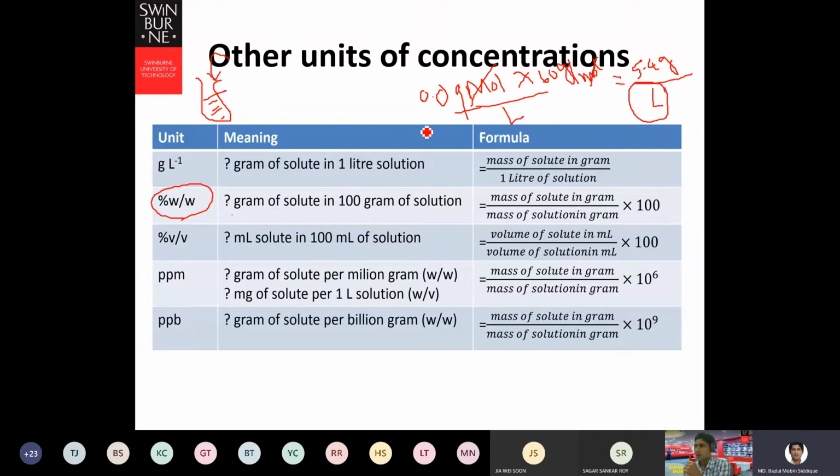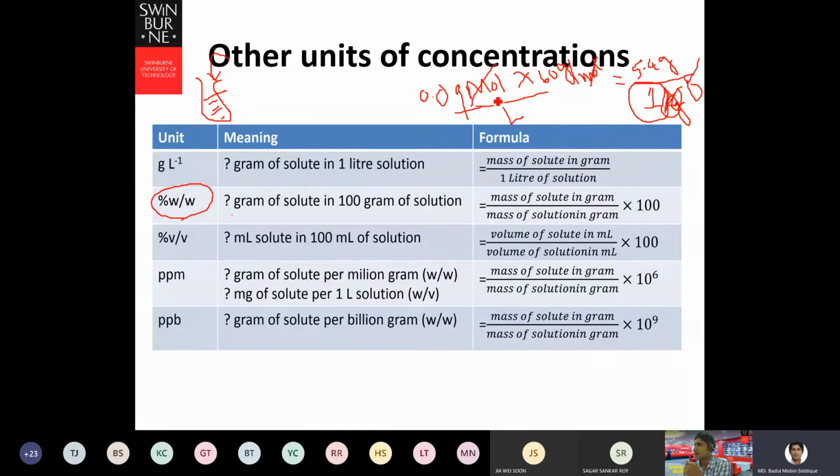For water, we know that at room temperature, 27, 28 degrees centigrade, around that temperature, 1 milliliter of water is 1 gram, or 1 liter of water is 1 kg of water. So here, it will be 1000 gram as well, because 1 liter is 1 kg, and 1 kg means 1000 gram, right?